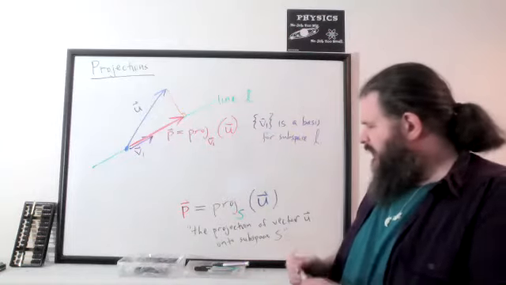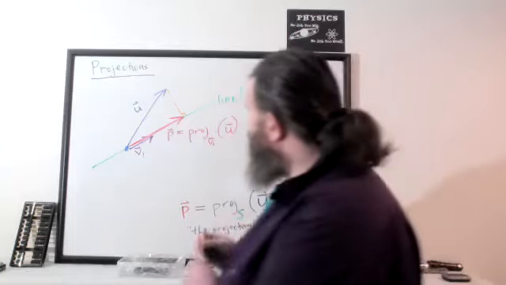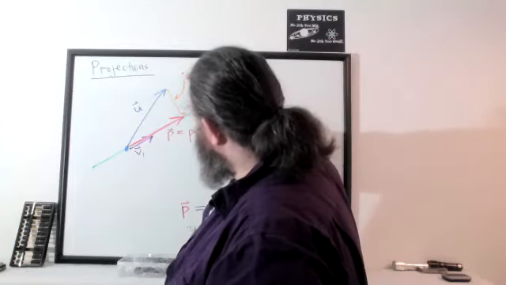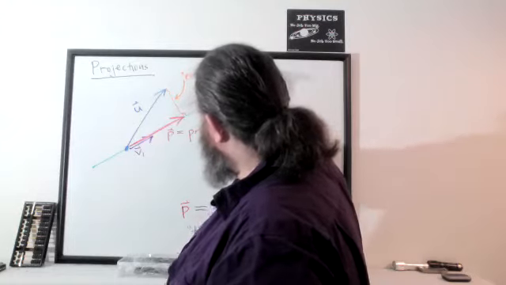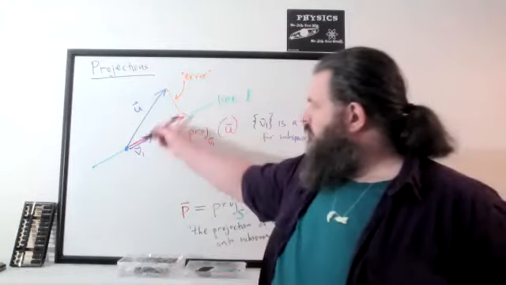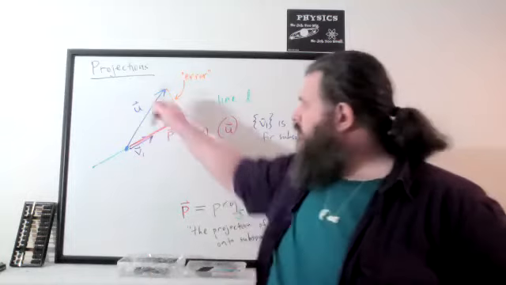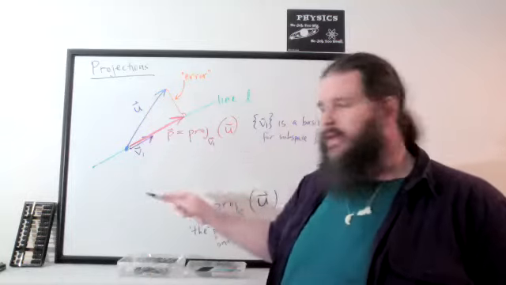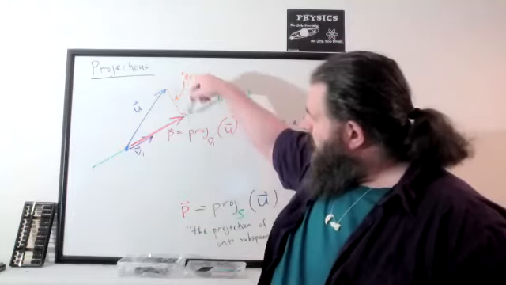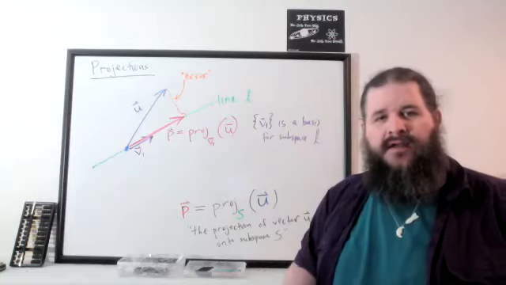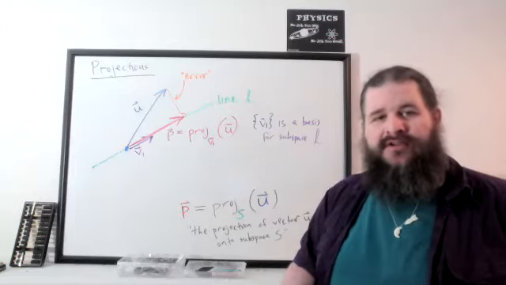This is sometimes called the error vector, in the sense that if you treat vector p, the result, as an approximation of the original u vector, they're close, but they're not exactly the same thing. And this perpendicular line here represents how far off your approximation is, how much error there is in that approximation.